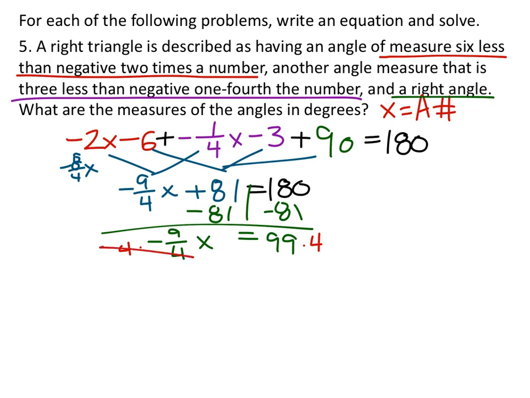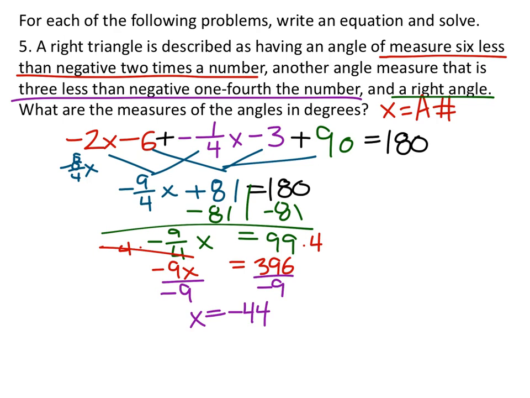That's going to cancel out the 4's and get rid of the fraction. So I've got negative 9x equals 396. And then to solve for x, I only want one x, not negative 9 of them. So I'm going to divide both sides by negative 9. And that gives me x equals negative 44.